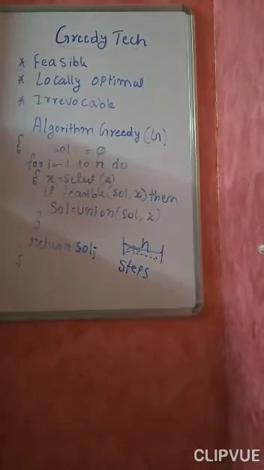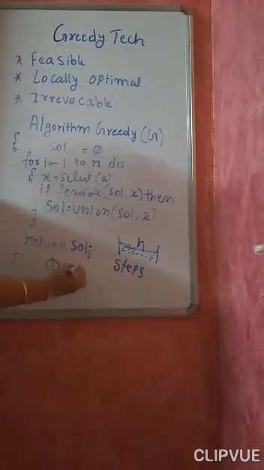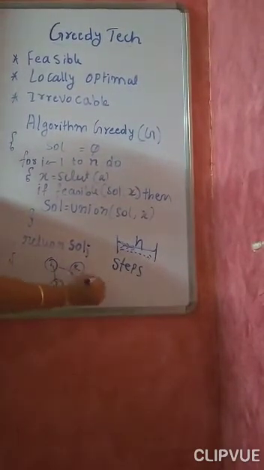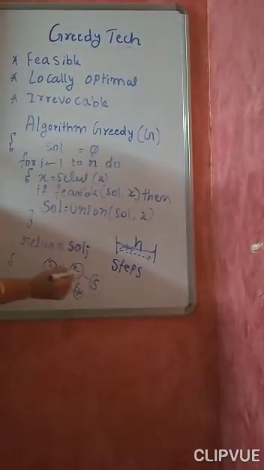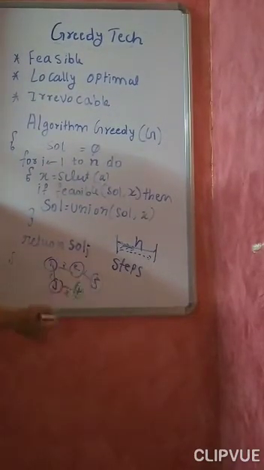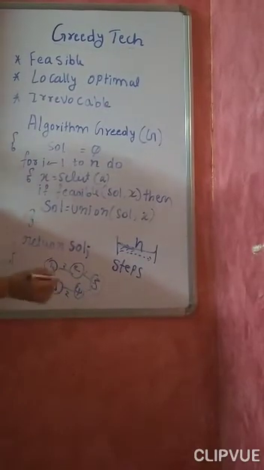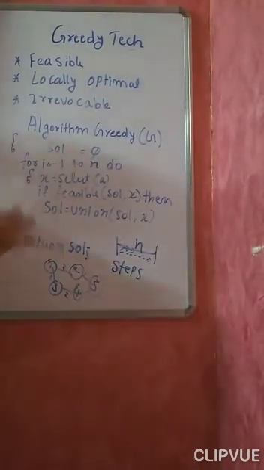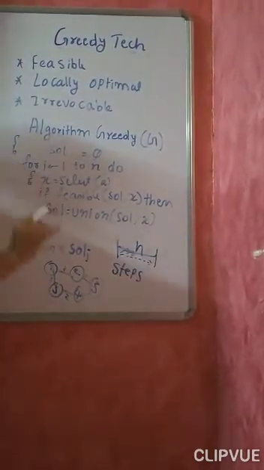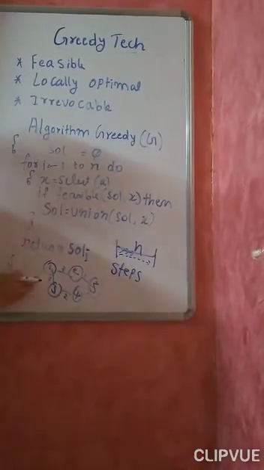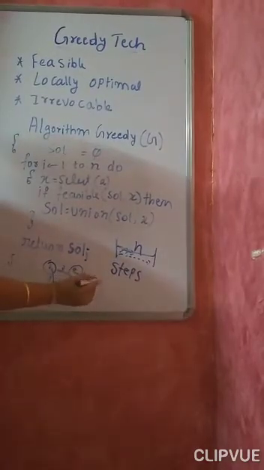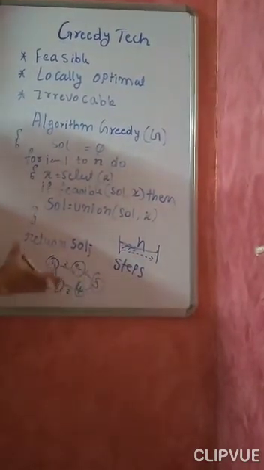For any given problem, assume that I want to travel from city 1 to city 5, and these are the kilometers that we need to travel. What is a feasible solution? A feasible solution is a solution that satisfies the constraints of a given problem. What is the constraint in this problem? I need to travel from city 1 to city 5 without revisiting any of the vertices.